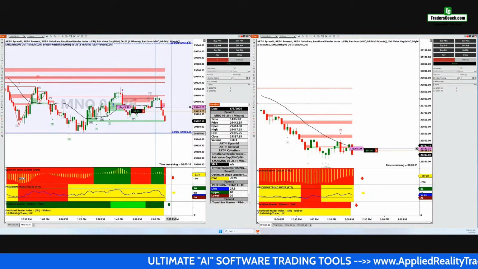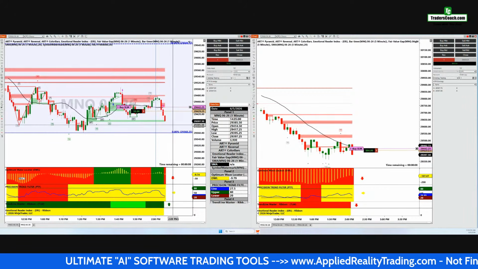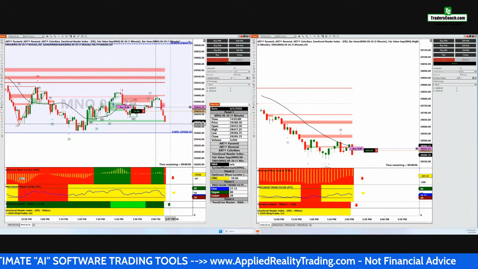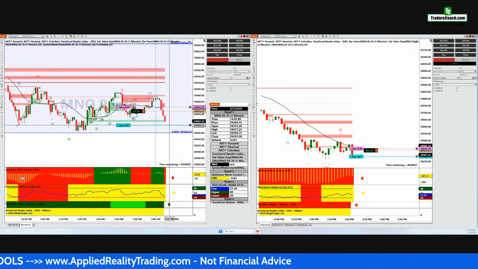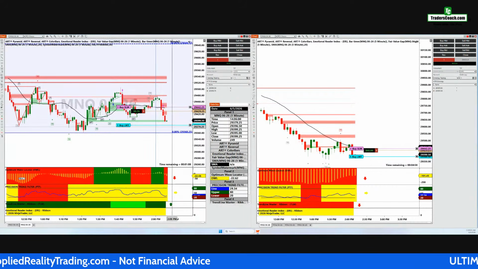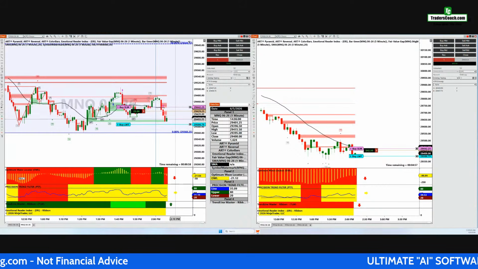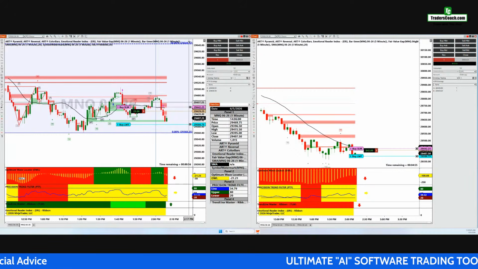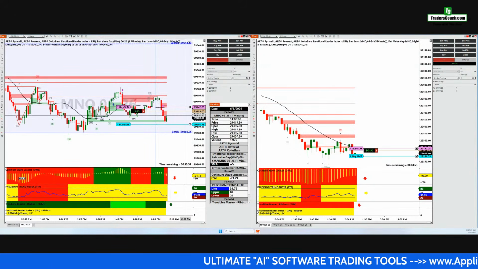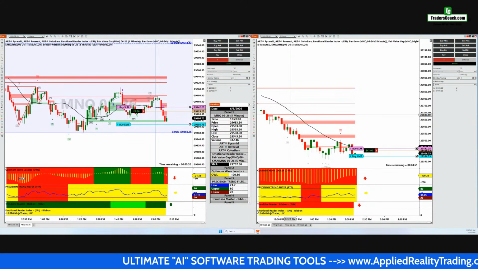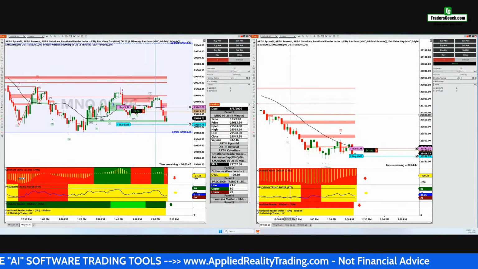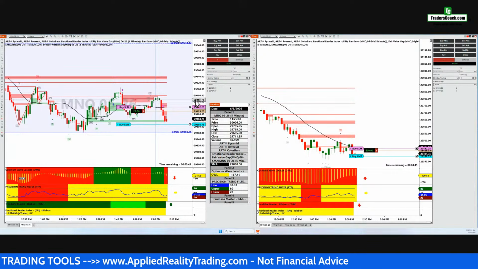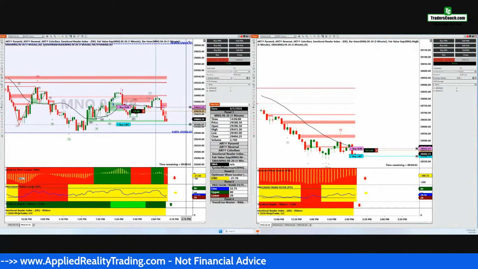Move this to here. Put this right at the breaker right here. See what happens with that. Hopefully I don't have one stop too close. But I don't think we should go back into this fair value gap area.